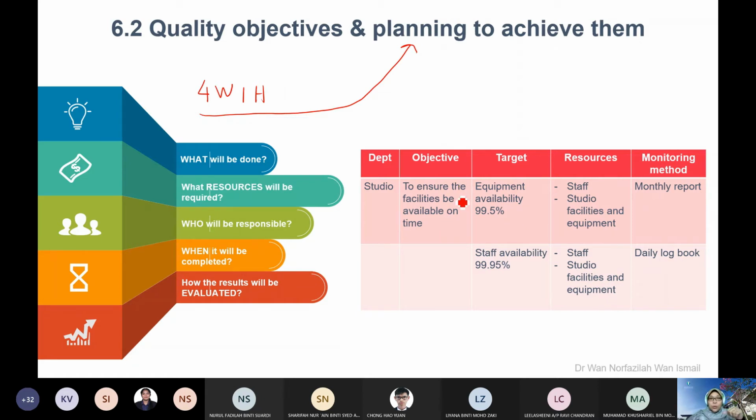So to achieve a very good and quality services, first this studio need to ensure the facilities be available on time. Okay, studio. Kalau tak ada microphone, kita tak panggil studio lah kan. So the facilities available on time. Okay, so each of the keywords used in the objective, facilities available on time, need to be fulfilled in order to achieve the quality.